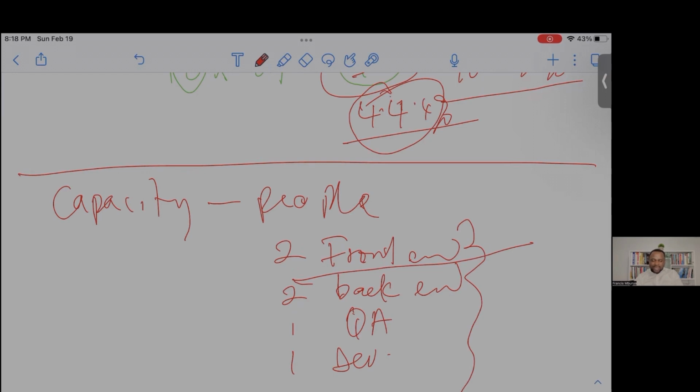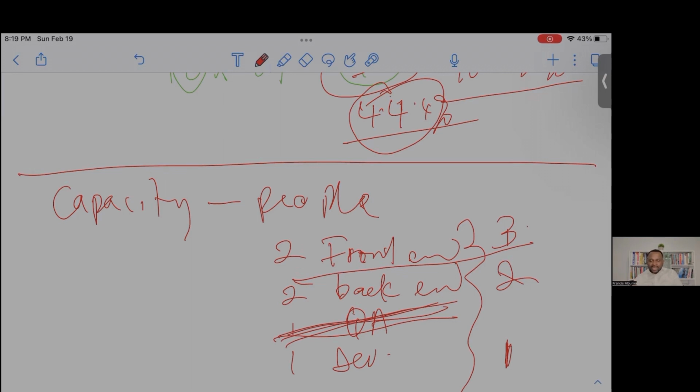Let's say, for instance, we had 3 front end, and then 2 back end. Let's assume that there was no QA because we have a central system. And then we have 1 DevOps engineer. You know that, okay, we are going to plan more work on the back end when we're prioritizing our stories.